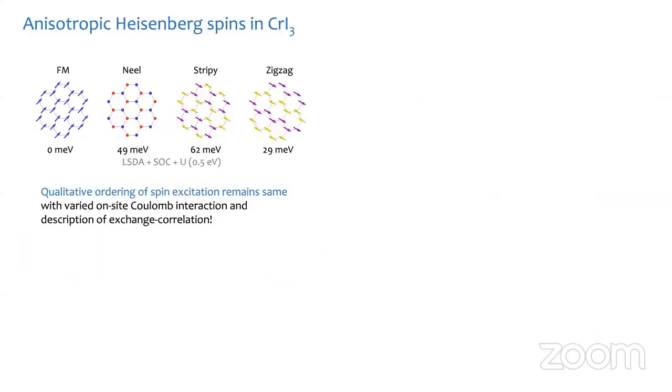Now by putting in some numbers, we see that for CrI3 the ferromagnet is the ground state, and the first excited state is the zigzag state, and the Néel one, if you only take J1, you would only be describing Néel, is much higher in energy.